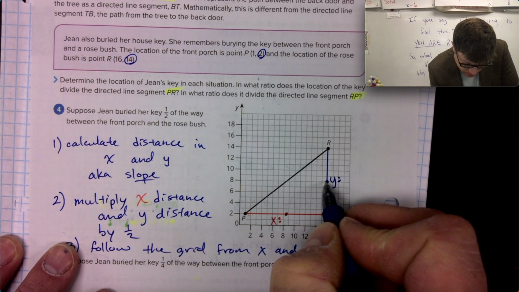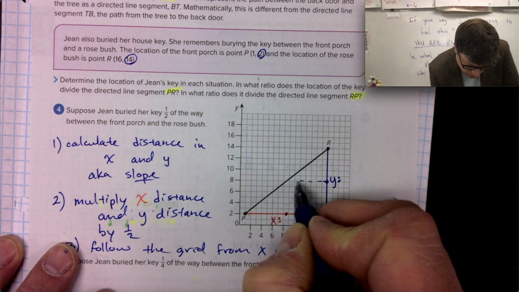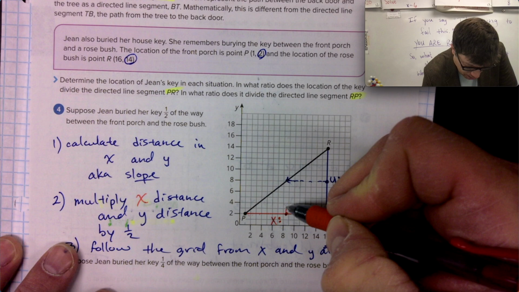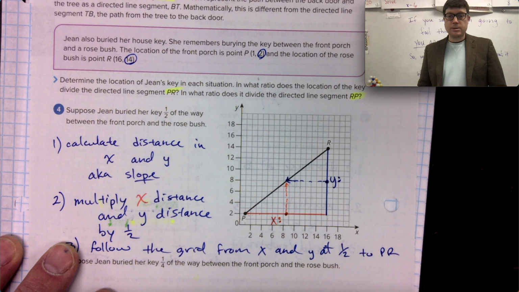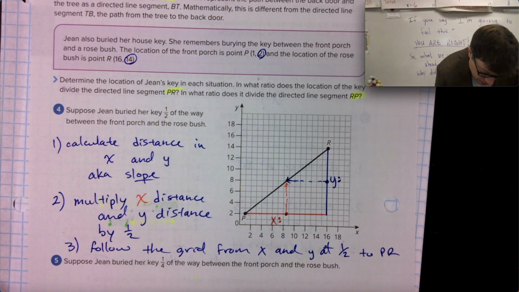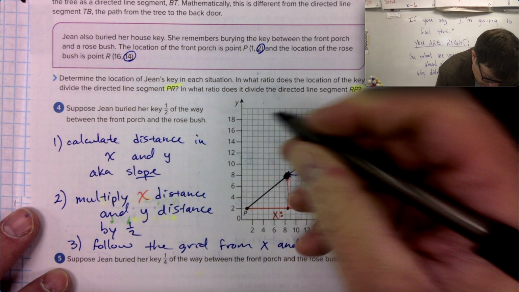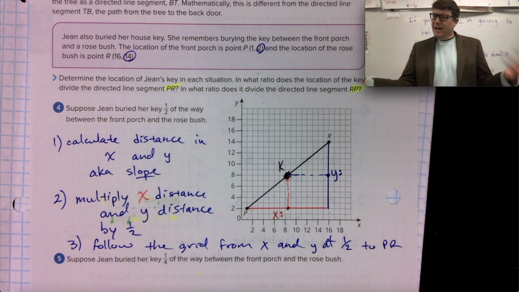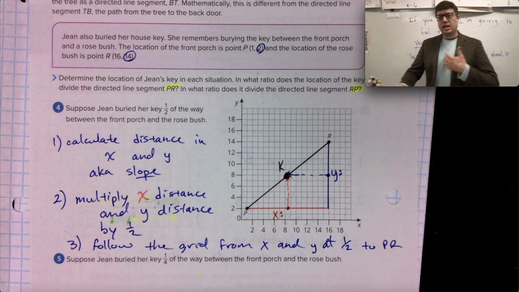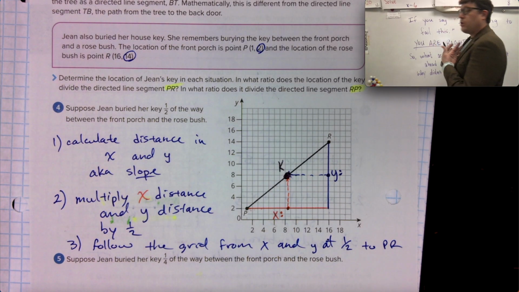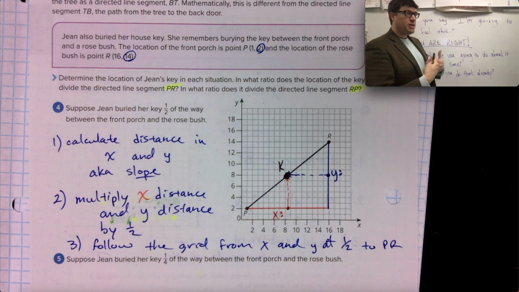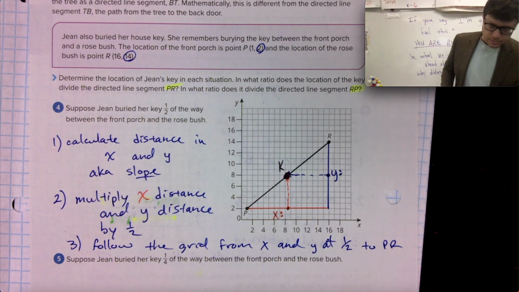Follow the grid over to the segment PR and follow up to find it. I'm going to say right here, this is the location of the key if she's burying it halfway between. And because it's halfway, there really isn't a need for direction. Half of the way from P to R is going to be the same location as half of the distance from R to P.